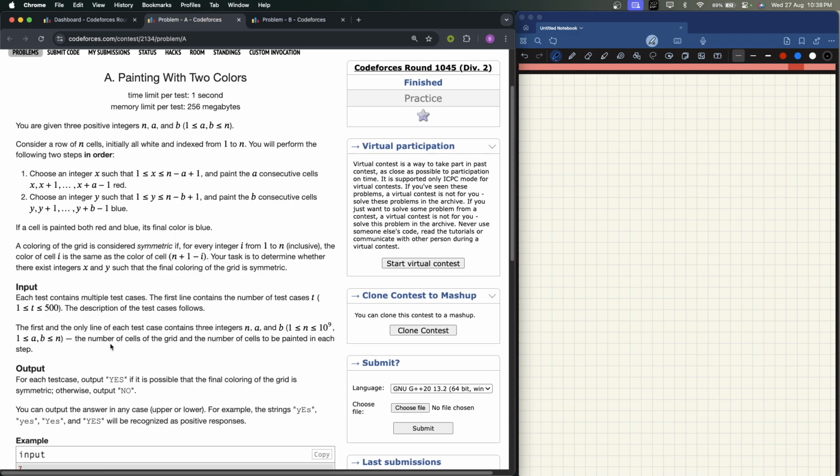We have to output whether there exist any x and y such that the final color of the grid is symmetric. There is also a condition that when we have colored a cell red and blue, the final color is always blue. Okay, first just see how this array looks like.